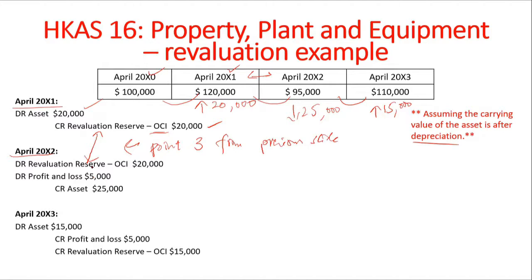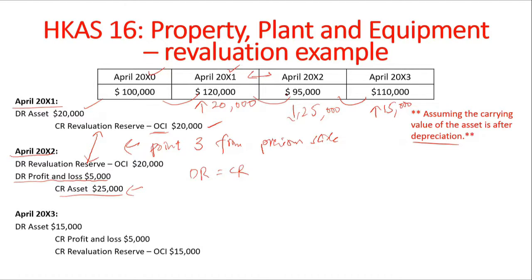So what happens there is you decrease the revaluation reserve first by 20,000 because you only have 20,000 in the revaluation reserve. And then the remainder goes to P&L. Because this is a loss, there is a total loss of $25,000. So the remainder 5,000 will be charged in P&L. And then you also decrease the asset by 25,000 total. So of course, debits are always going to be equal to credits. So the entry has to balance, right?